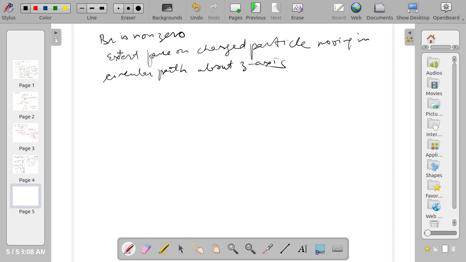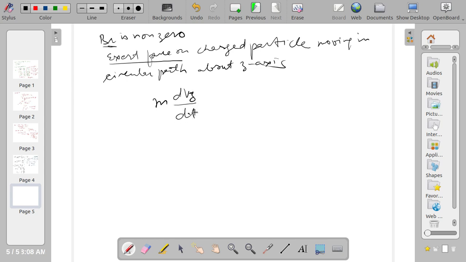So this B_R exerts force along the z-axis, so that means it is directed along the z-axis. So acceleration will be along the z-axis.